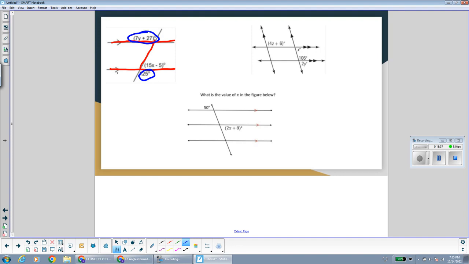So since we do have parallel lines cut by a transversal, they are congruent. So I'm going to set them equal to each other to find the value of the variable y. So let me subtract 27 from both sides. I got 98, and then dividing by 7. I got 14.